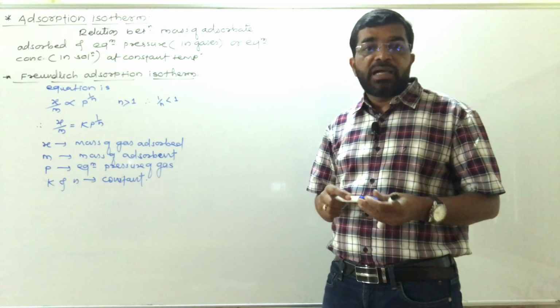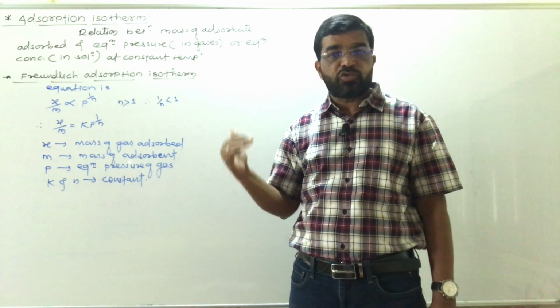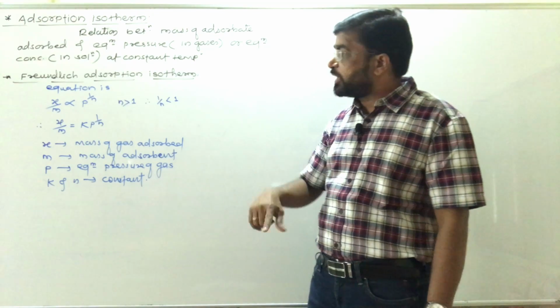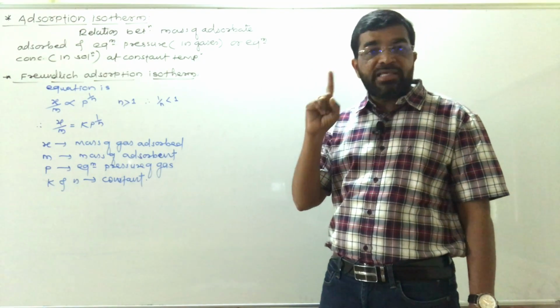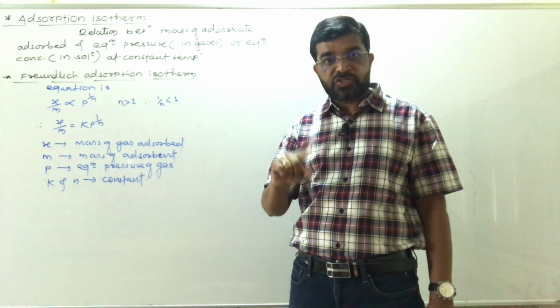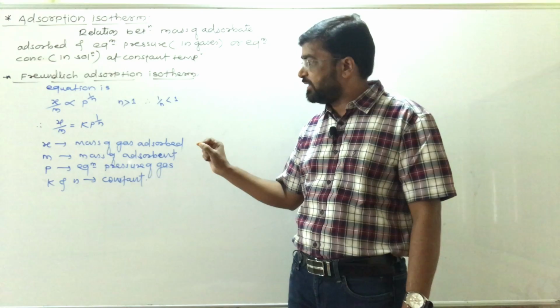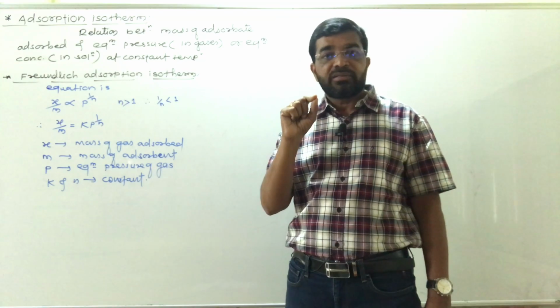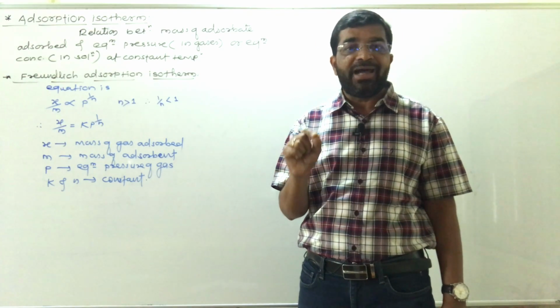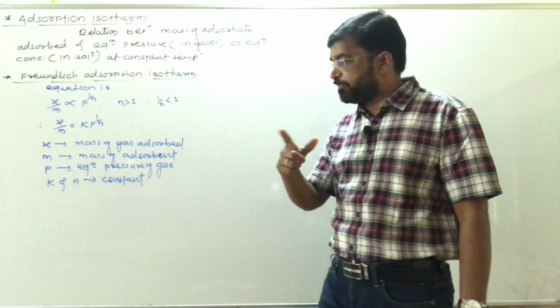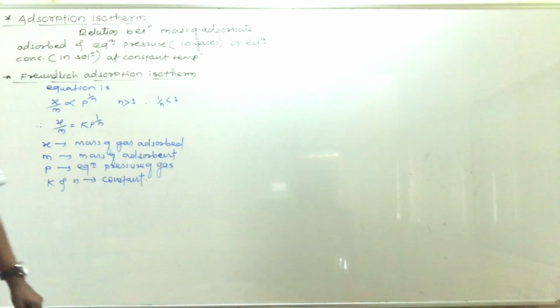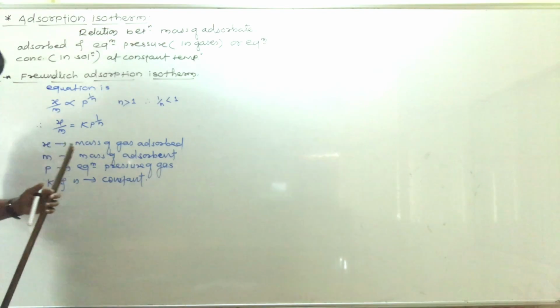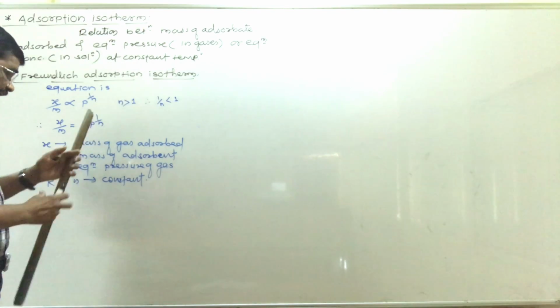Graphically also, Freundlich's adsorption isotherm is explained by plotting the graph of x by m versus pressure. When x by m versus pressure is plotted, a graph is obtained at constant temperature. That graph is called the adsorption isotherm. Now we have to study the graphical representation.